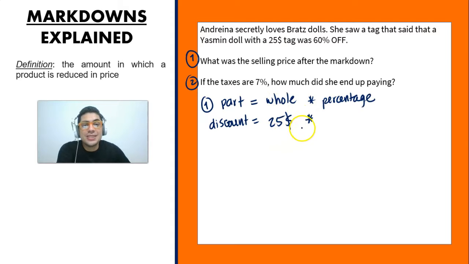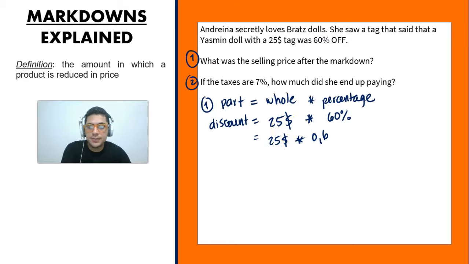It was 60% off. That's a bargain. So it's $25 multiplied by 0.6, because we divide 60 by 100 in order to find the ratio. And when we multiply 25 times 0.6, that gives us a discount of $15.